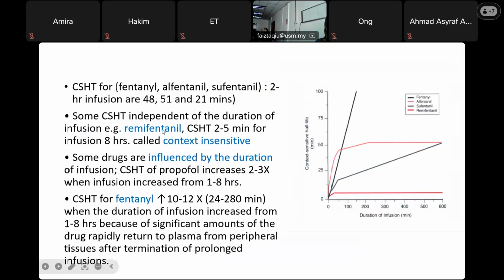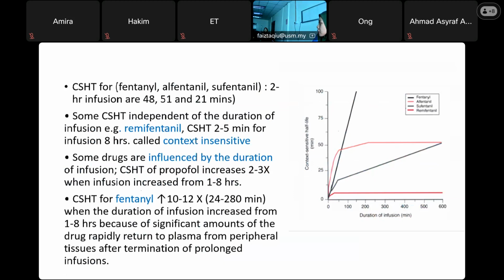Right. So for the context bounded infusion, even propofol has effects from the duration of the infusion: 40 minutes, 4 hours, 8 hours. So even for propofol you can see there are differences, and if the second question asks why, it is because of the clearance.